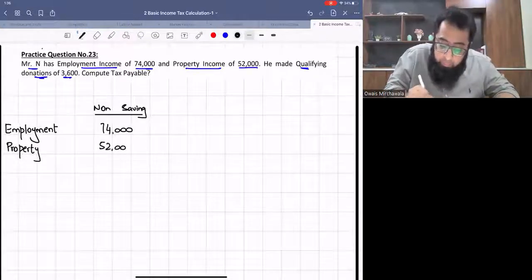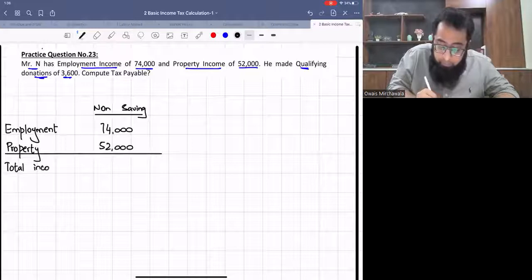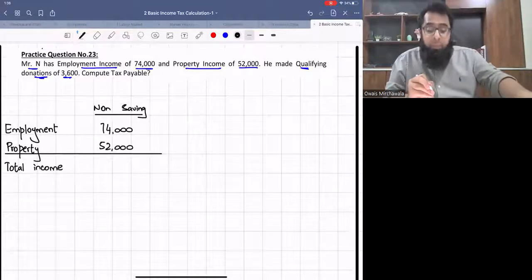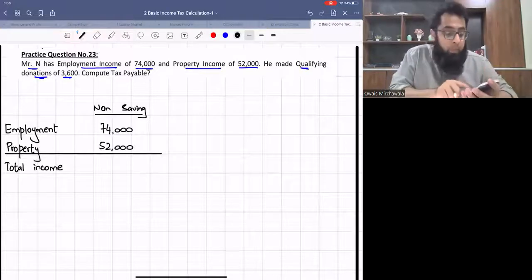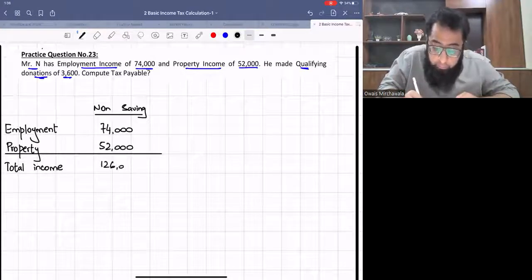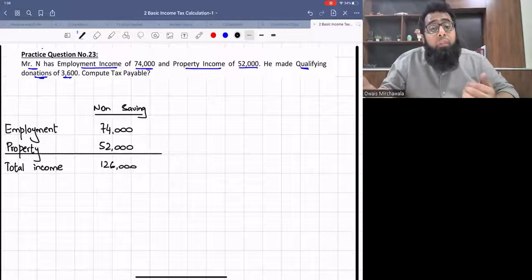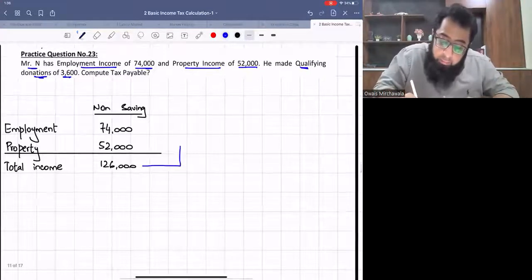So if I add up both of them, this gives me total income. 74 plus 52, the total income is 126,000. Now, there is no qualifying loan interest in the question. So the total income and net income is the same.